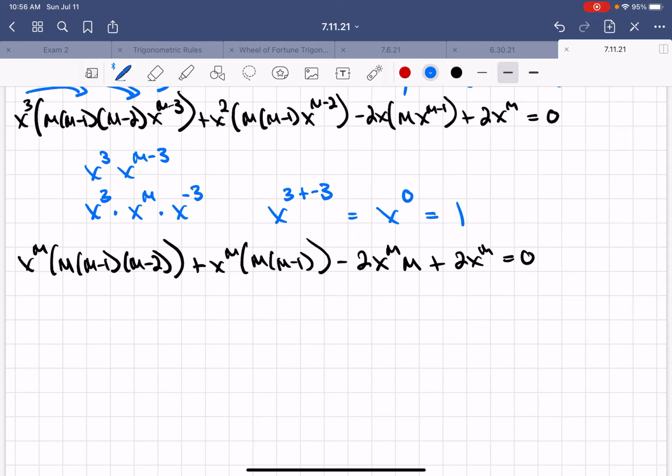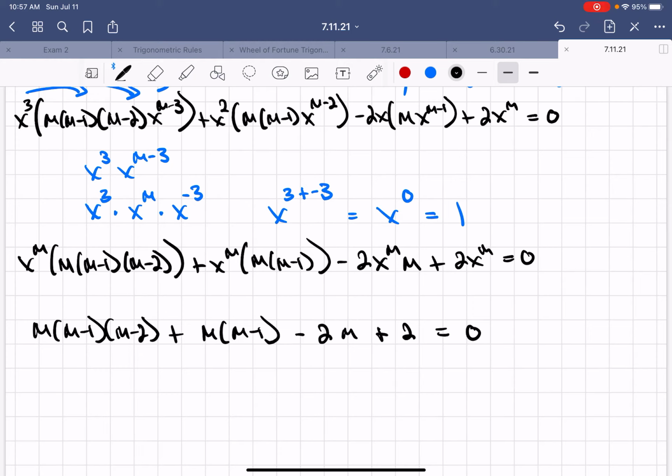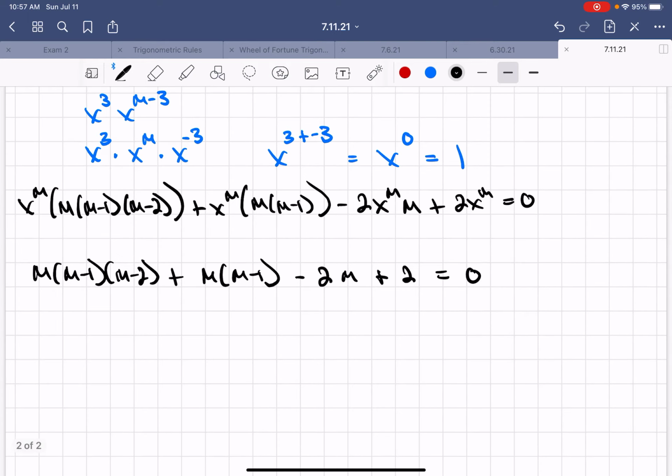So it would be 0 divided by x to the m, which would still equal 0. So what we get is m minus 1, m minus 2, plus m minus 1, minus 2m plus 2 equals 0.